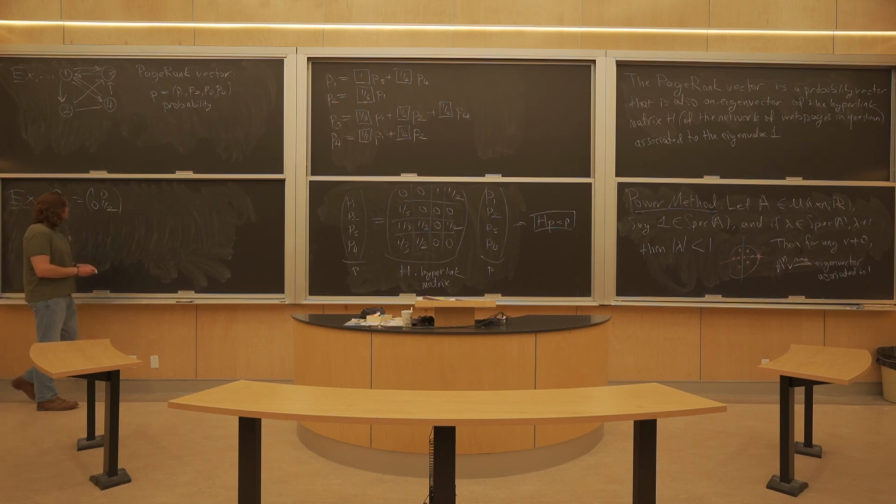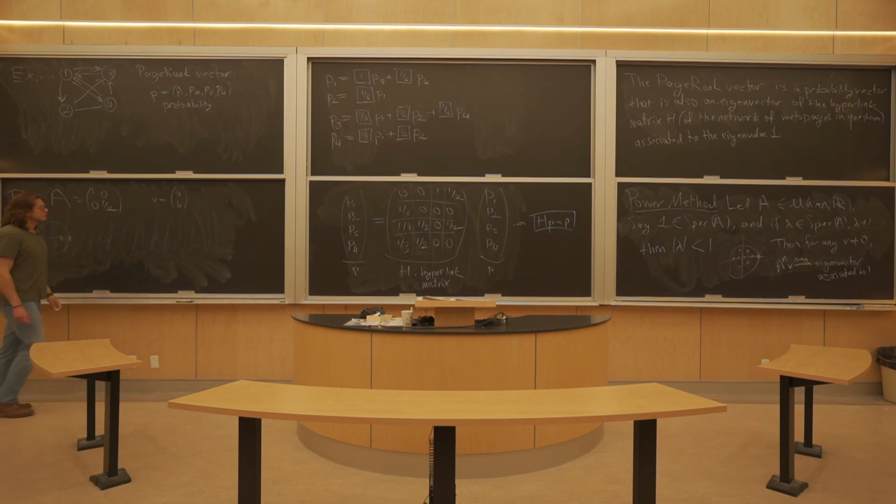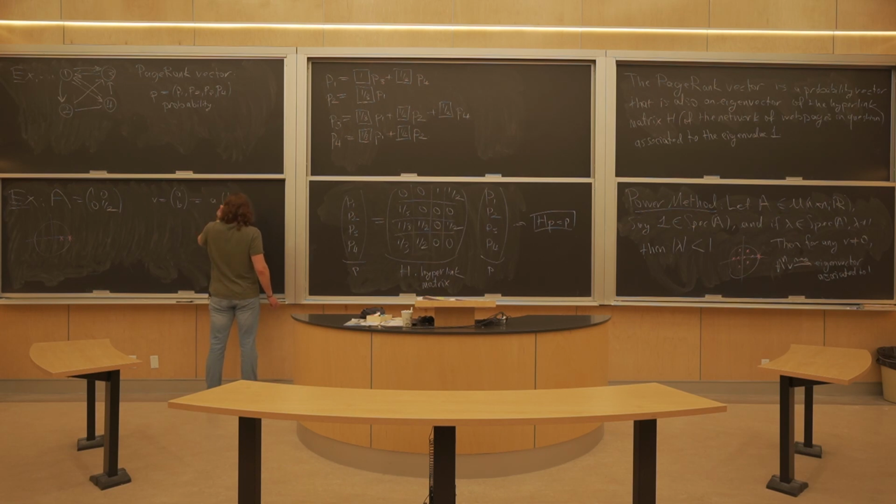Now, if I were to start with any vector, it would be of the form (A, B), which I can write as A times (1, 0) plus B times (0, 1).